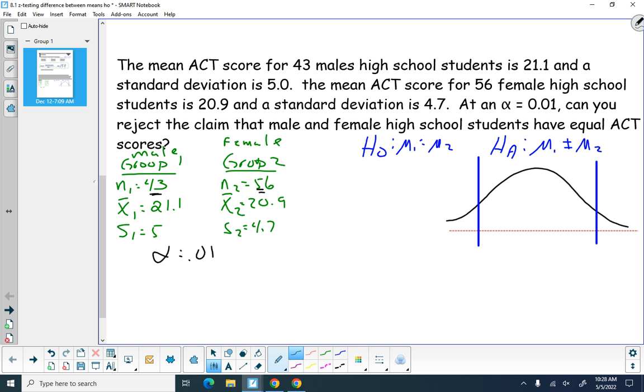So I can drop my 0.01 all the way down to the bottom. 2.576 and negative 2.576. Once again, nothing different here. Okay, this looks almost familiar, except for now we're talking about two different groups.